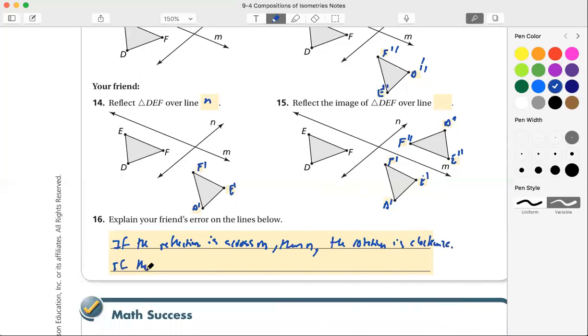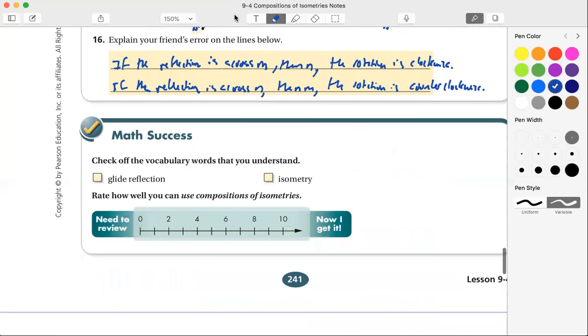If the reflection is across N, then M, the rotation is counterclockwise. And that's the end of this section.